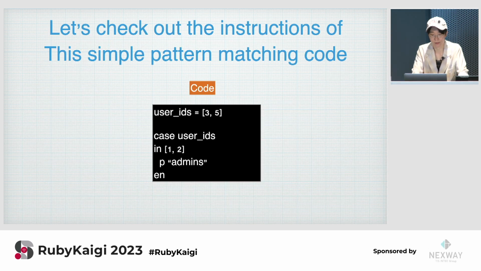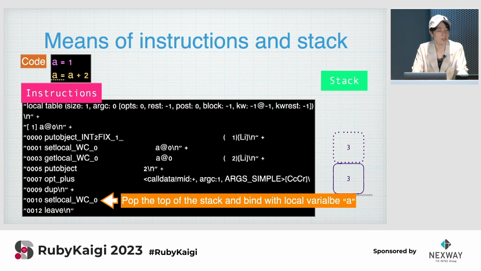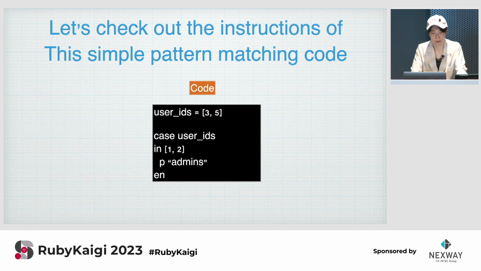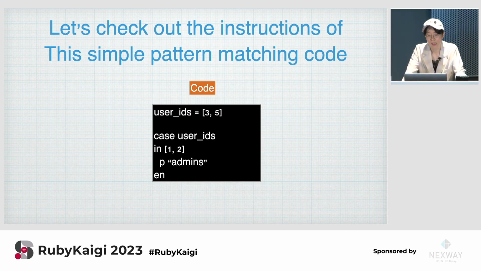These are the instructions for the Ruby code a = 1 and a = a + 2. Can you feel what the instructions and stacks are like? Okay, let's move on to the main subject, pattern matching.